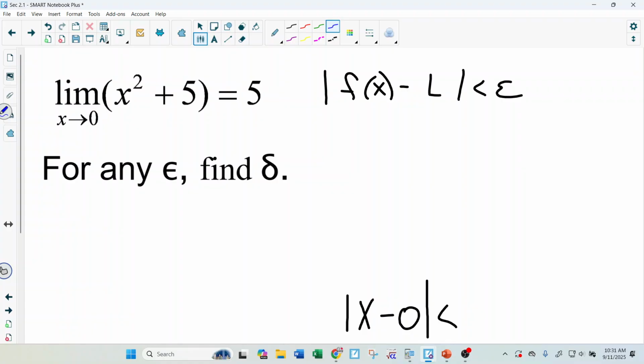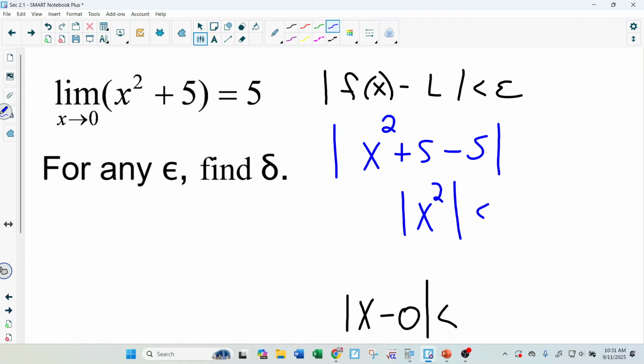What do you get? Exactly, because you have minus 5, so you get |x squared| is less than epsilon. So to get just x, can you do that?